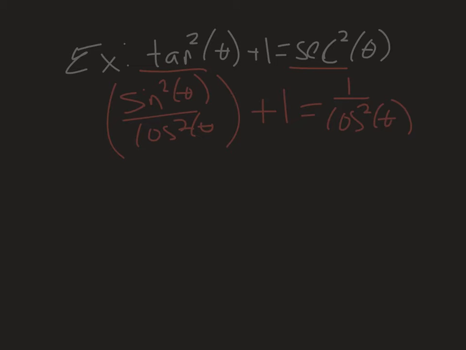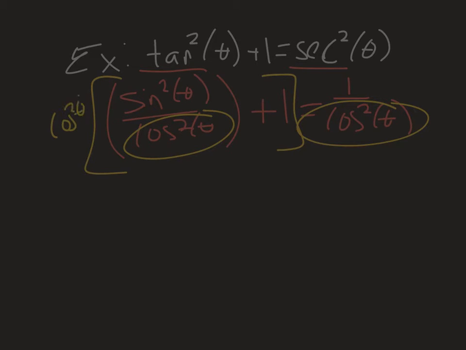If we look at this, I don't have any identity that looks like this with these denominators here. However, I am noticing that both of those are cosine squared of theta. So if I multiply both sides of the equation entirely by cosine squared of theta, those will cancel. I have to be careful that I multiply everything, including this 1 here.